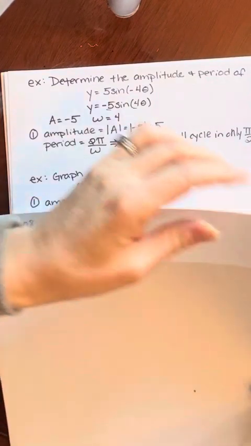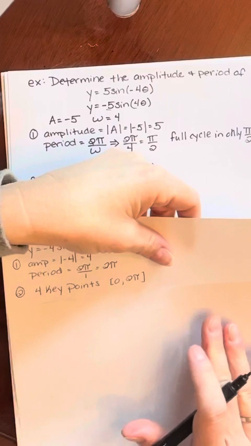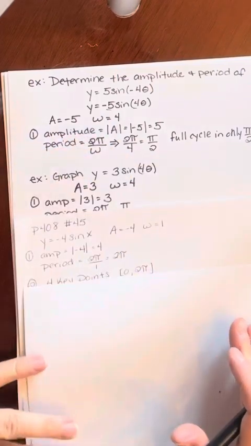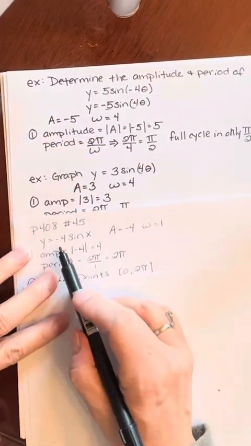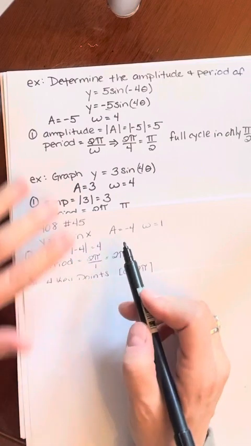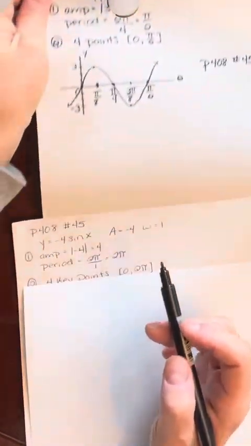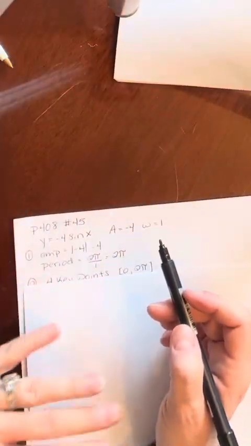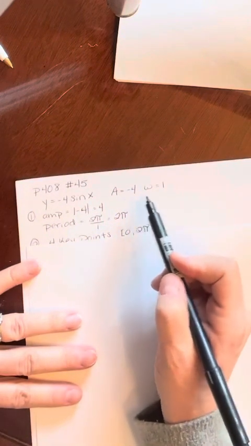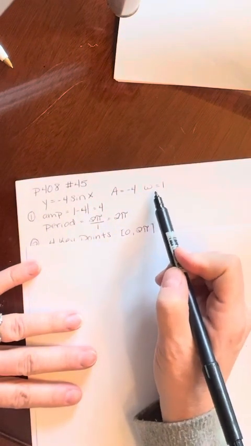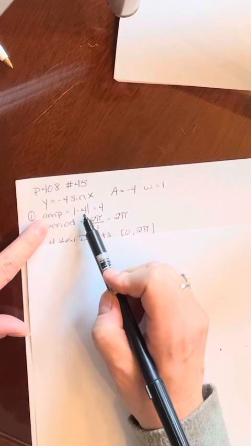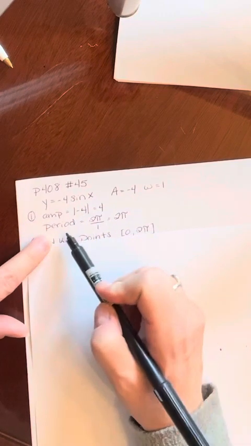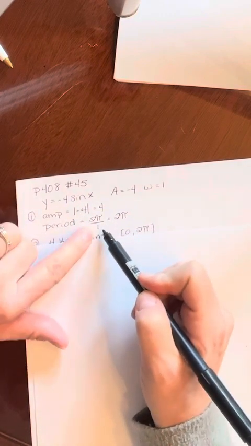Okay, you're back. So let's take a look. Page 408, number 45, you had y equals -4 sine x. Let me move this out of the way, sorry. So your A is -4, your omega is 1, so your amplitude is the absolute value of -4, which is 4, and the period is 2 pi over 1, so 2 pi.